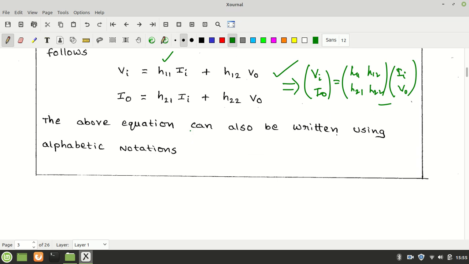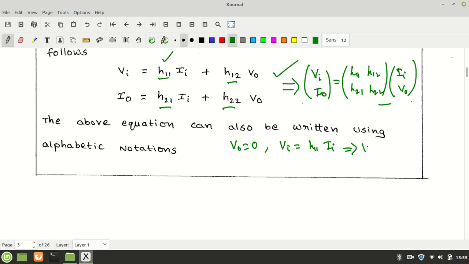And now we are going to first define those coefficients. What is the meaning of such coefficients, those 4 coefficients? So if I ask you what H11 is, you can put VO equal to 0, then automatically the first equation will give you VI is equal to H11 into II.